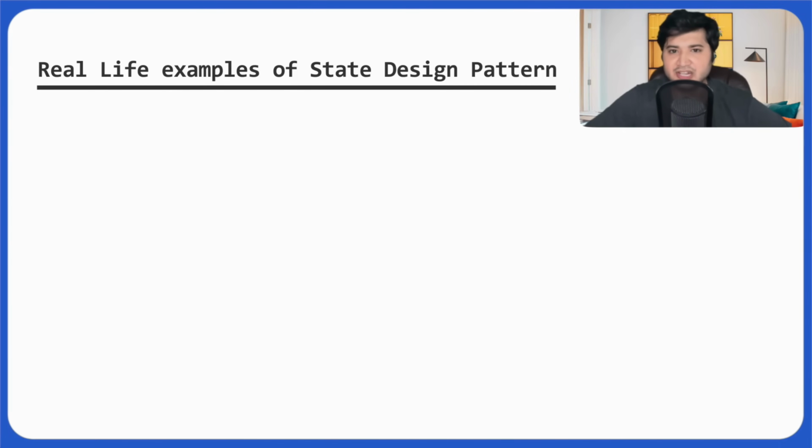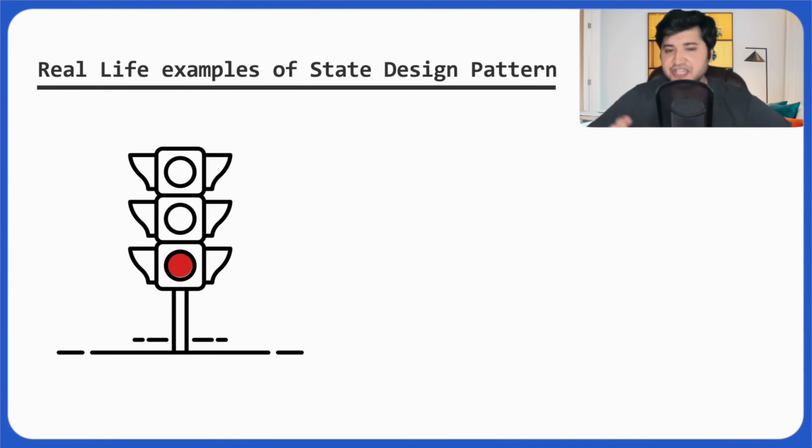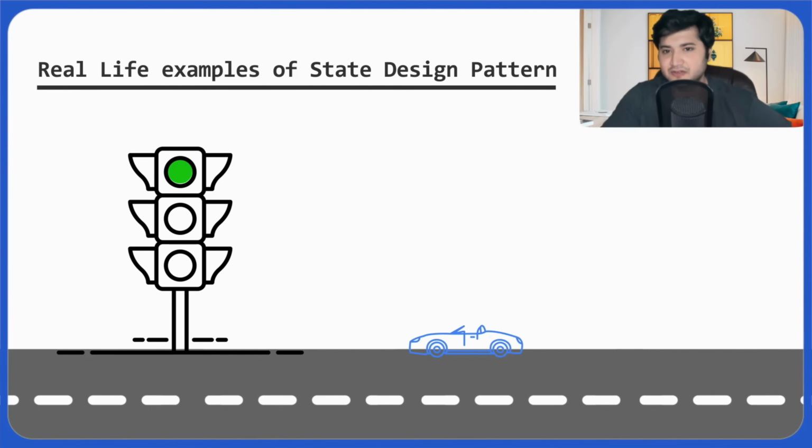Let's talk about real life applications. What real life applications are actually using the state design pattern? You would have seen the traffic light system, right? When lights change from red to yellow or yellow to green, on every transition of state of the traffic signal, something happens. Basically, cars stop when green to red happens, cars get ready when red to yellow happens, and they start moving when yellow to green happens.